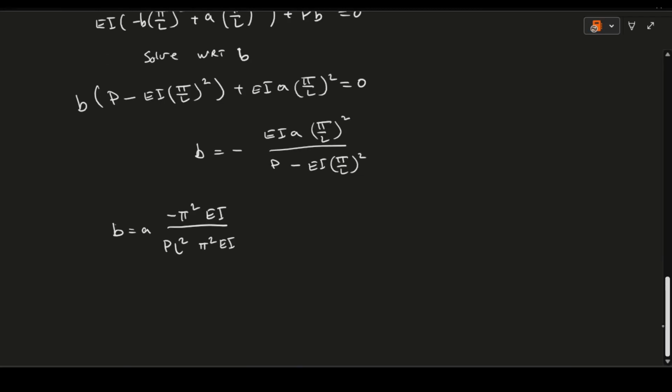If we divide everything in this fraction by minus L squared, we get that b is equal to a times minus pi squared EI over minus L squared, divided by P L squared over minus L squared minus pi squared EI over minus L squared.